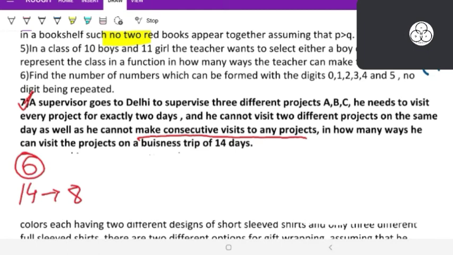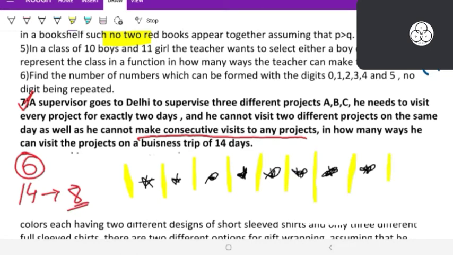That means these are the non-visiting days. Let me denote them by stars. And the visits are made in between these spaces.